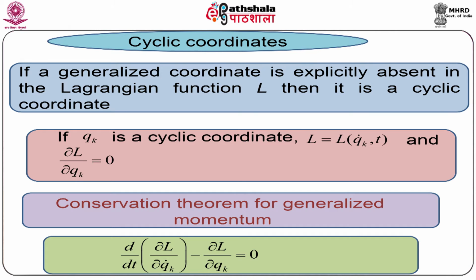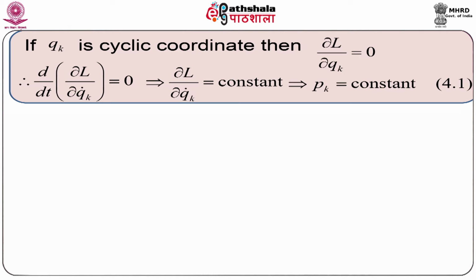We can use this definition in the conservation theorem for generalized momentum. Lagrange's equation of motion corresponding to the coordinate qk is given by d/dt of del L del qk dot minus del L del qk equal to 0, where L is the Lagrangian. If qk is a cyclic coordinate, then del L del qk equal to 0. This gives, from Lagrange's equation of motion, d/dt of del L del qk dot equal to 0.